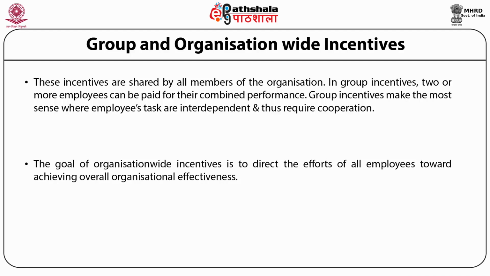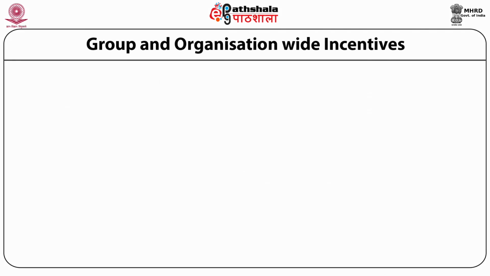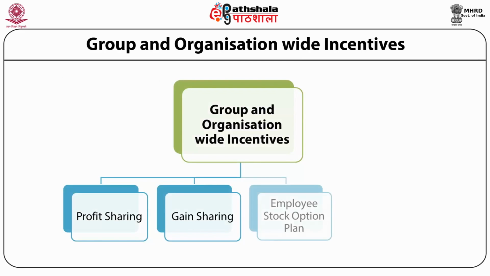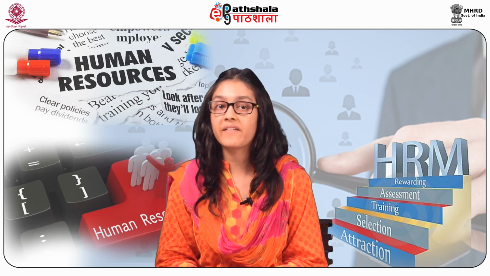The goal of organization-wide incentives is to direct the efforts of all employees towards achieving overall organizational effectiveness. Some major types of group-based and organization-wide incentives are: first, profit sharing; second, gain sharing; third, employee stock option plan; and fourth, suggestion system.